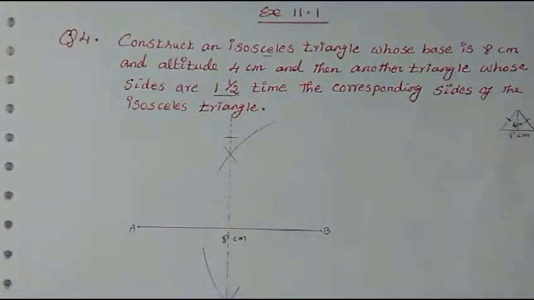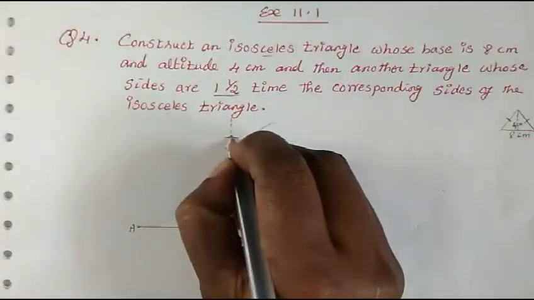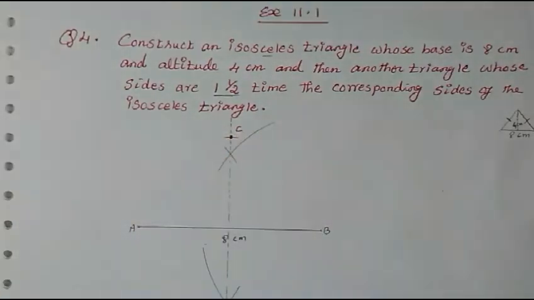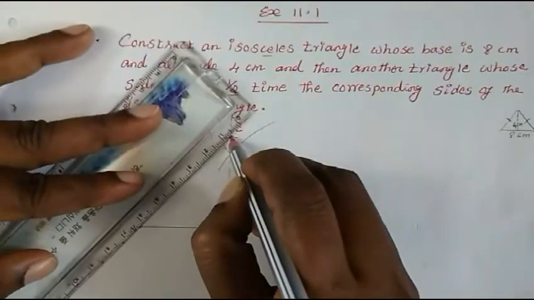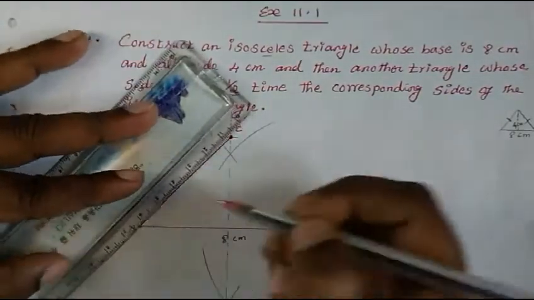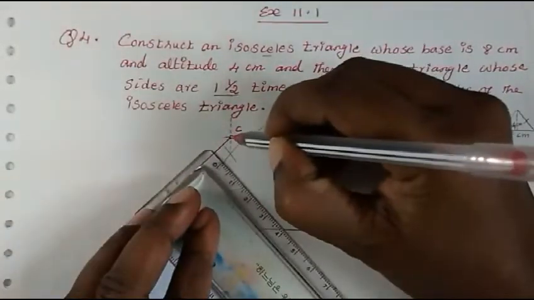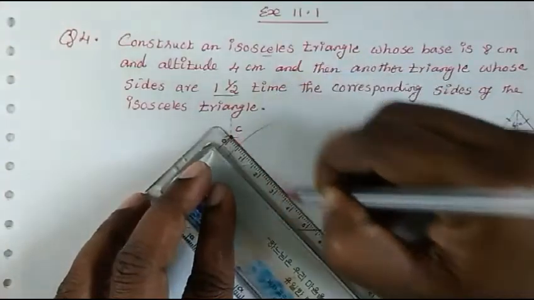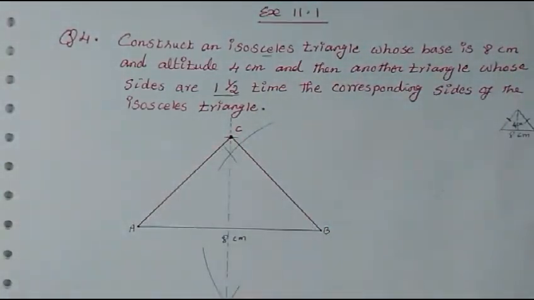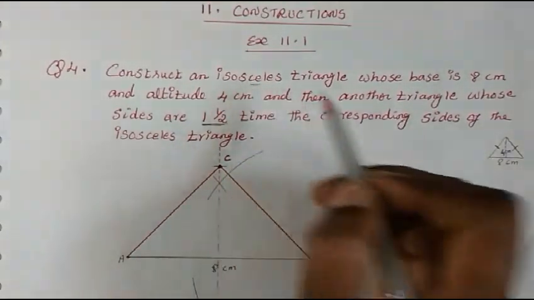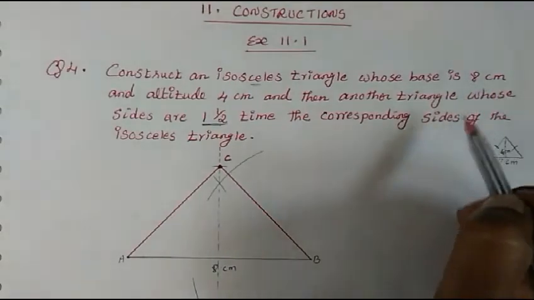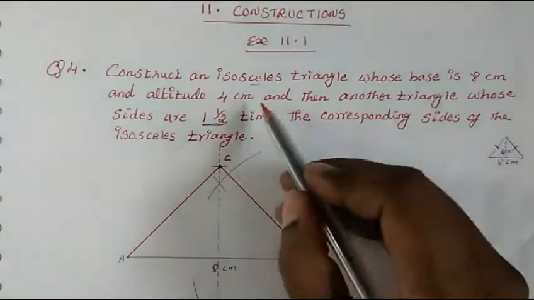So this point will be our C, and join this now with A and with B. So we have now constructed the isosceles triangle, of 8 centimeter base and 4 centimeter altitude.